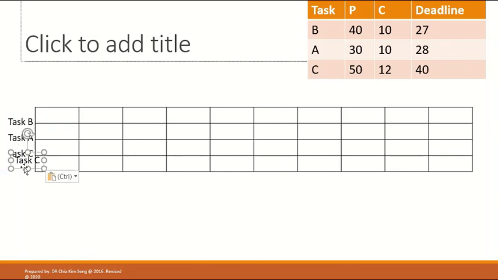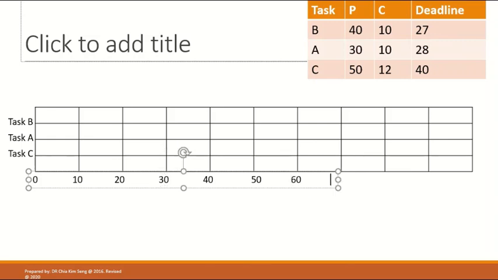So here we start with time 0. Then we label this as 10, 20, 30, 40. Slightly far away already. 50, 60, 70, 80.